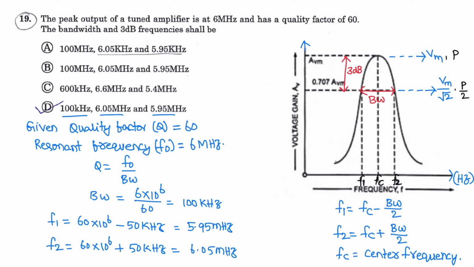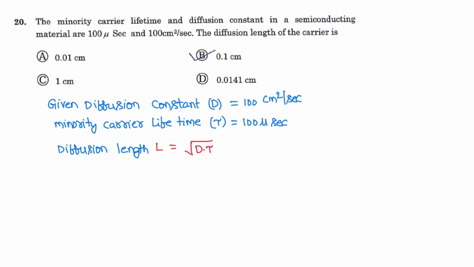The majority carrier lifetime and diffusion constant in a semiconductor material are 100 microsecond and 100 centimeter square per second. So given carrier lifetime tau is 100 microsecond and diffusion constant D is 100 centimeter square per second. Now the diffusion length, the formula for diffusion length is L is equal to square root of D tau.